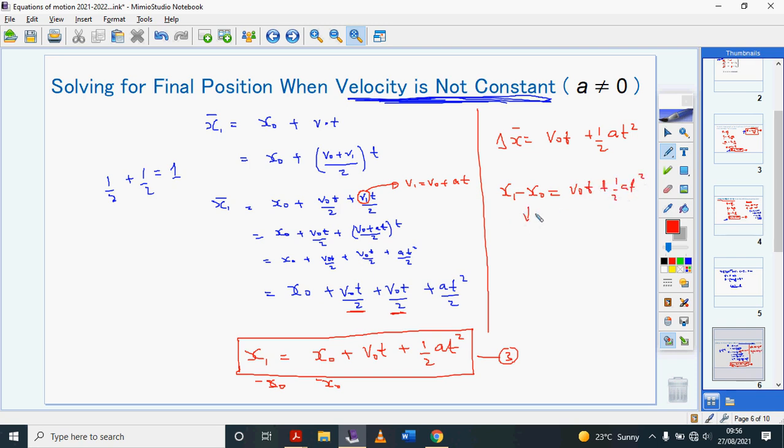Basically, x1 minus x0 is what we call a change in position. So this is one of the most important equations of motion. If you forget all of the other ones, don't forget this one. And in any case, you'll always have a formula sheet which you can refer to.